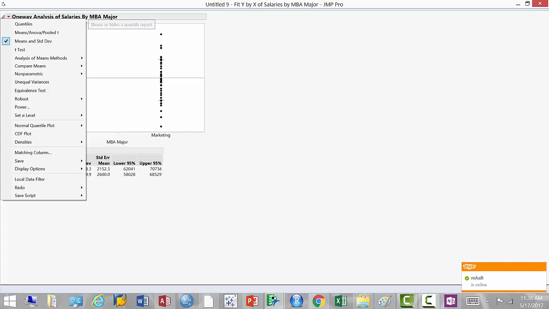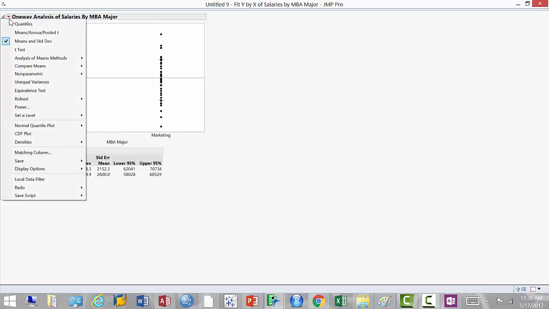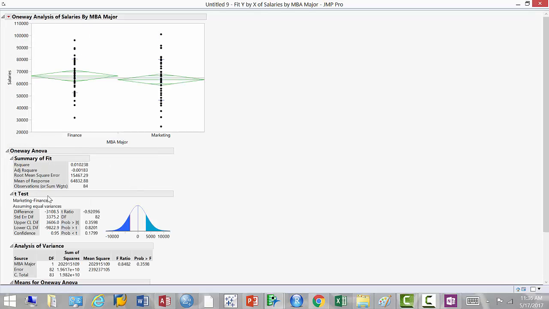So therefore, what I need to do is to go into the red triangle menu and call up this item, which says Means/Anova/Pooled t-test. And you can see that it says right there: assumes equal variances. All right. So I'm testing the same hypothesis, by the way.